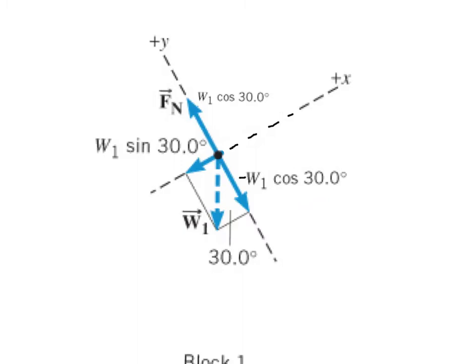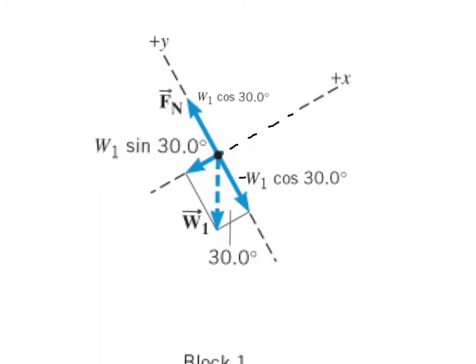So the normal force, which is perpendicular to the table, is just going to be equal and opposite to that component. So if that component is the weight times the cosine of 30, then the normal force is also going to be the weight times the cosine of 30. They just point in opposite directions. So if there's a component of the weight that points into the table, there's also a component of the weight that points down the table, which is why things tend to slide down a hill, because of this component, which is the weight times the sine of the angle.